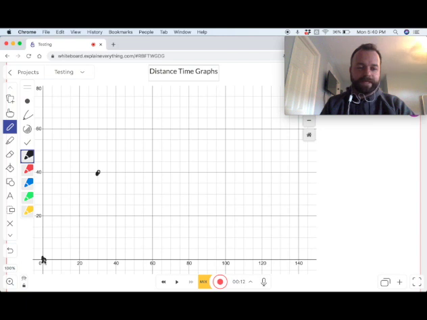I'm going to connect those 2 points with a nice straight line. That's the point 30 minutes and 40 kilometers.